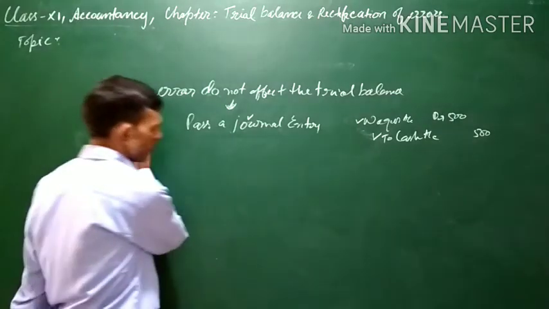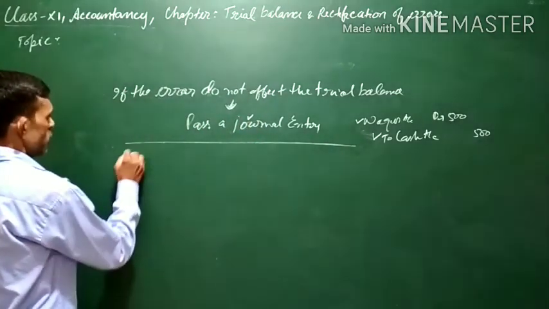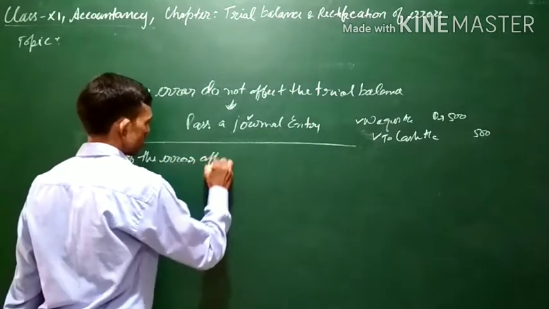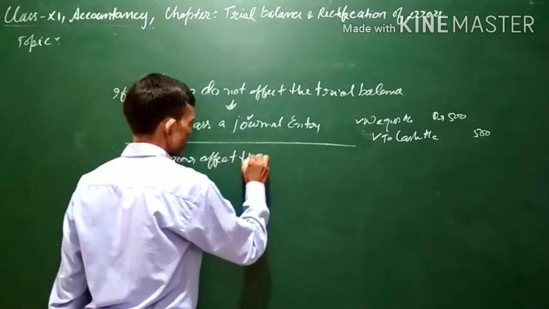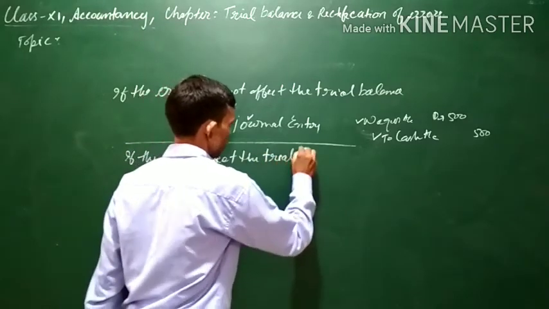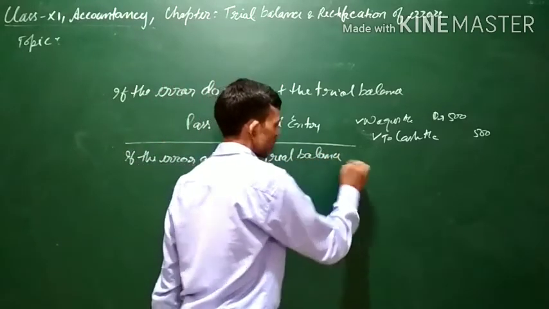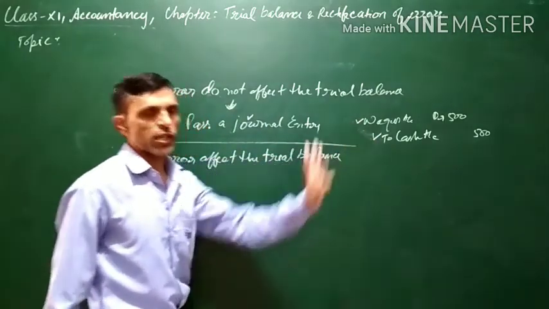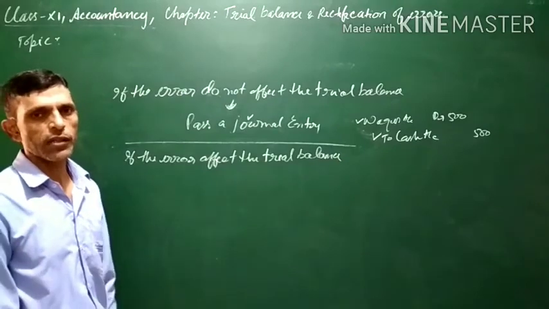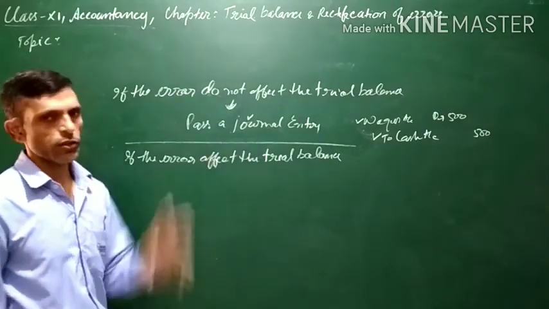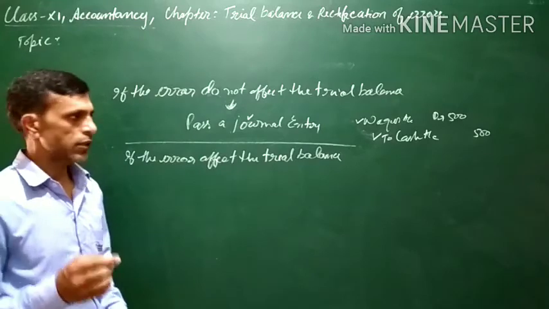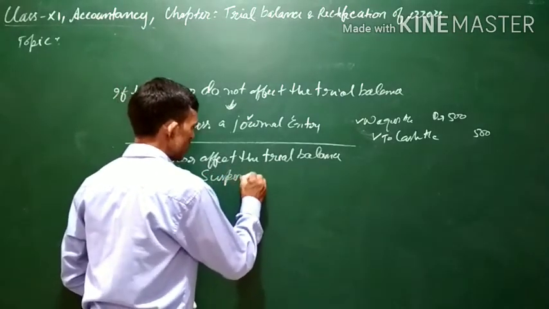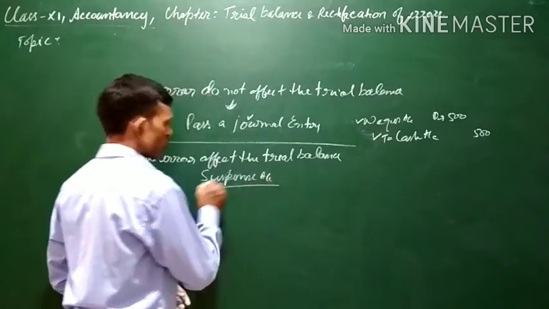Now, if the error affects the trial balance, it means one aspect of the transaction has not been recorded, and in this case generally you have to use a different account that is known as a suspense account.